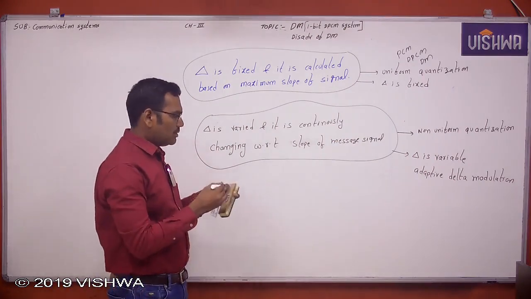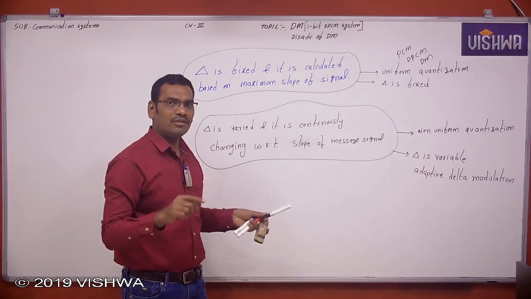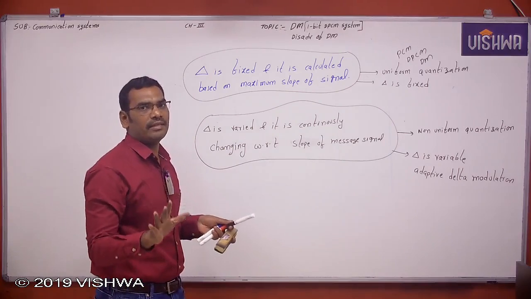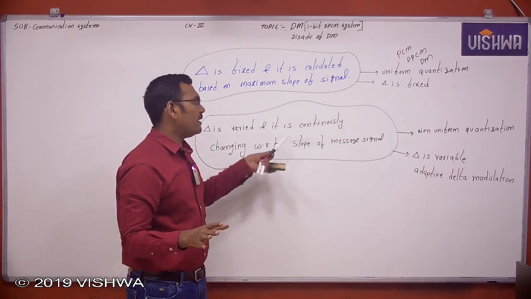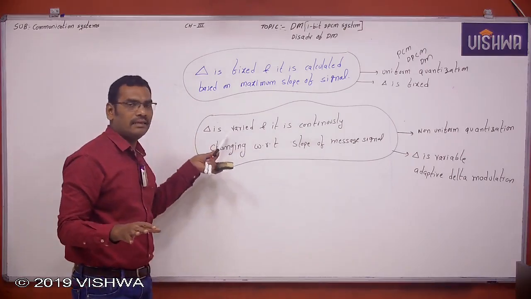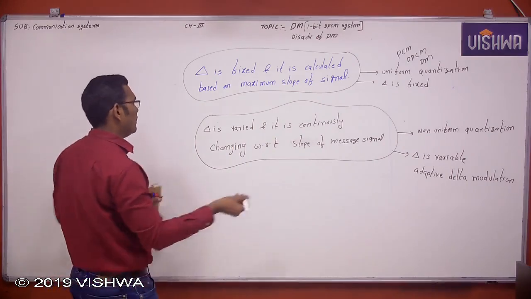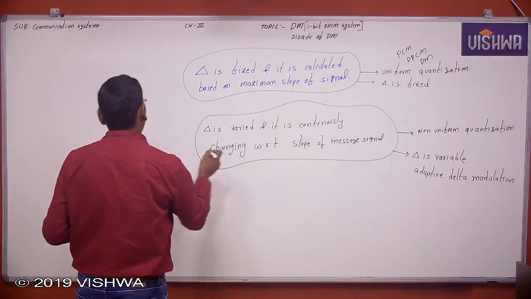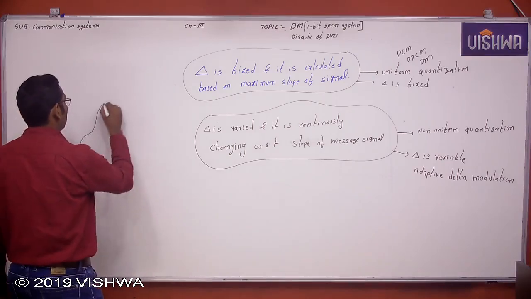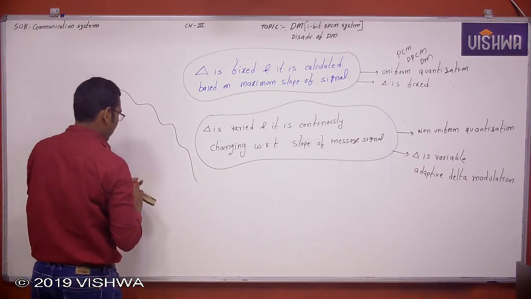Okay. Now this is not at all an easy technique, because the message signal is a continuous sinusoidal signal whose slope is continuously varying with respect to time, and it is somewhat difficult to design a continuous step size variation for every variation of the message signal. Okay, but we will take that one. Now see here, this is a message signal m of t.